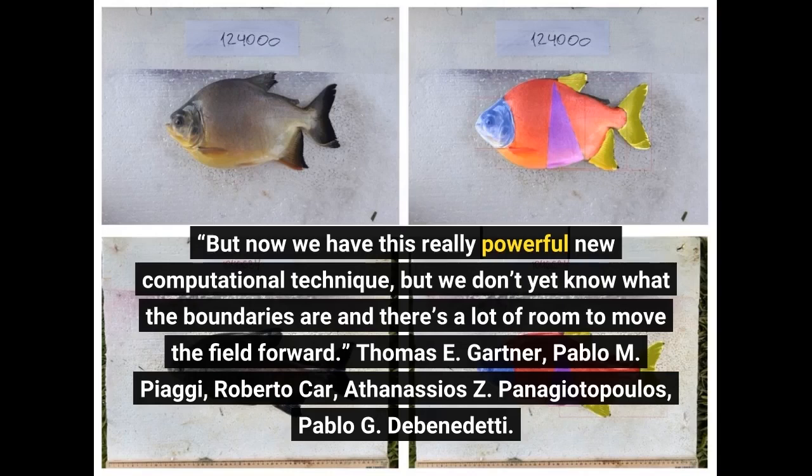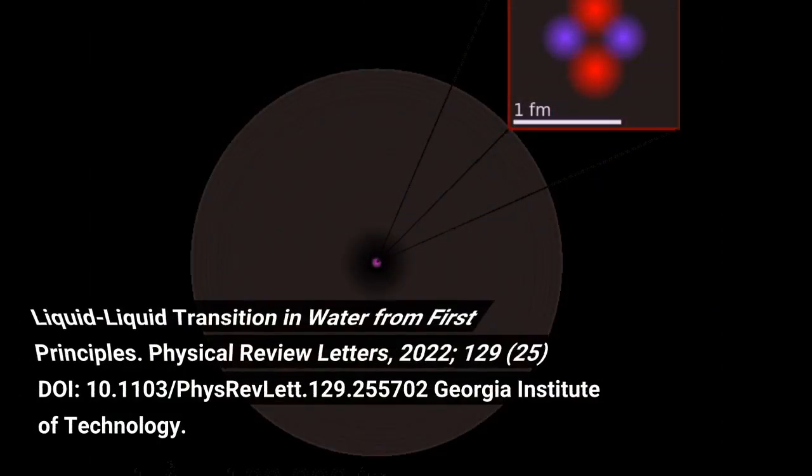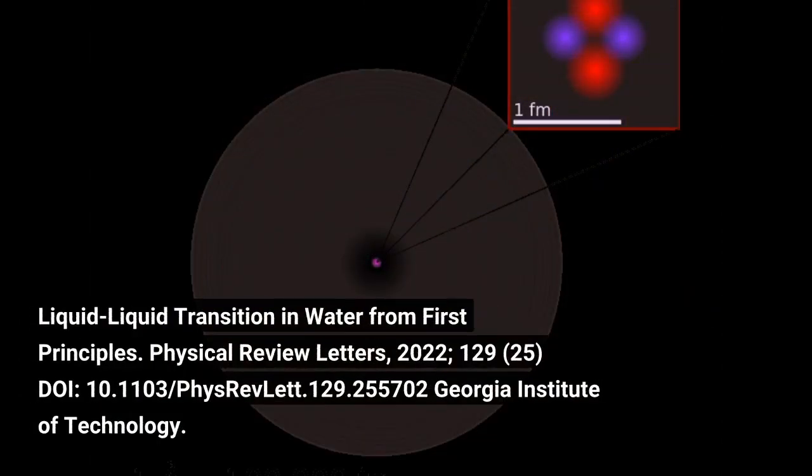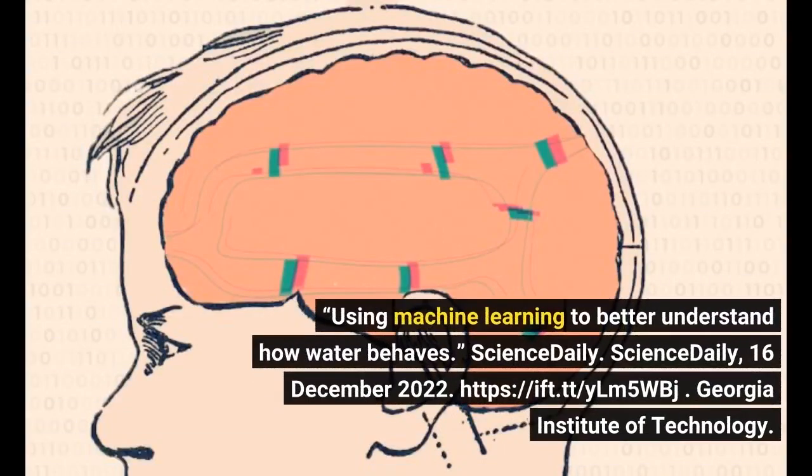Thomas E. Gartner, Pablo M. Piaggi, Roberto Car, Athanasios Z. Panagiotopoulos, Pablo G. Debenedetti. Liquid-liquid transition in water from first principles. Physical Review Letters, 2022. 129, 25, doi 10.1103/PhysRevLett.129.255702. Georgia Institute of Technology. Using machine learning to better understand how water behaves.